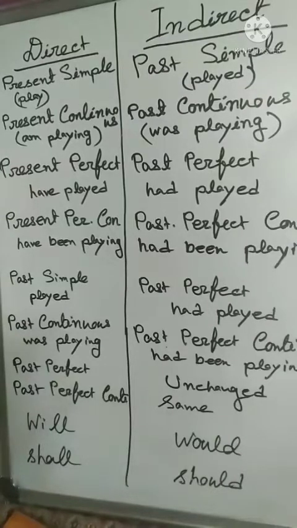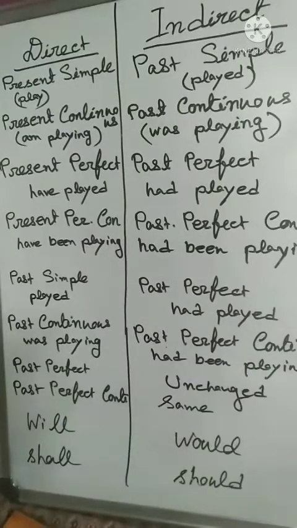If the direct speech sentence is in present simple, it will be past simple in indirect speech. Suppose play, it will be played. Present continuous will be past continuous: if it is I am playing, it will be I was playing.